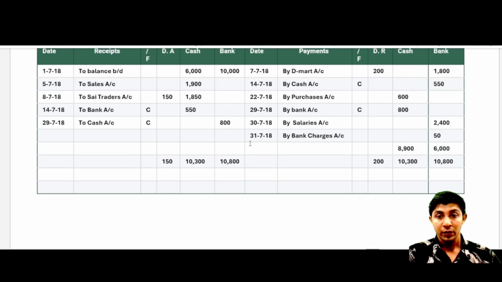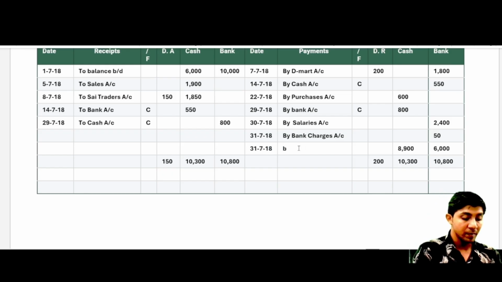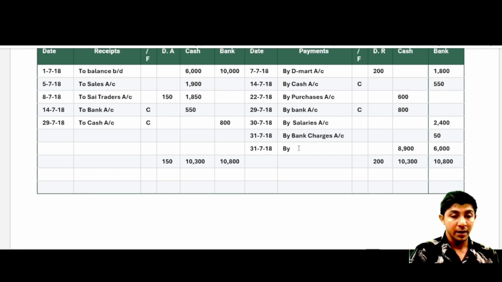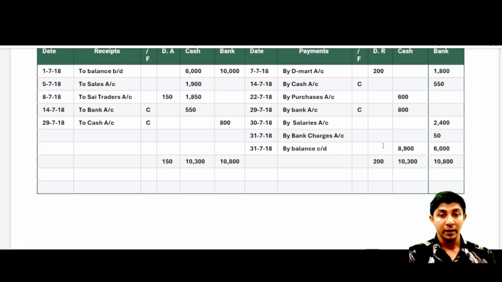Done. So what will be the date of the balance? The last transaction's date. So that is 31st July 2018. And in the payment column we will write by balance carried down C/D. ये बैलेंस कैरिड डाउन लिखे बाद बैलेंस ब्रॉट डाउन करना आपकी रिस्पॉन्सिबिलिटी है.